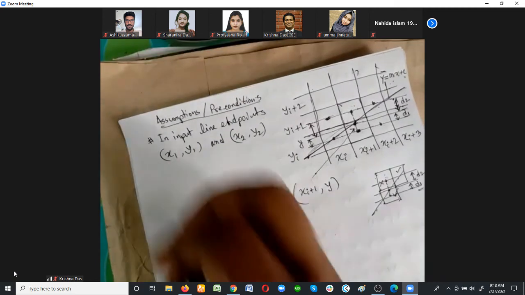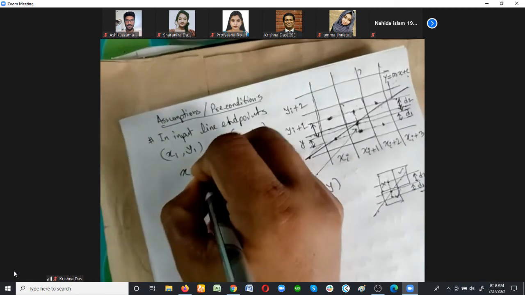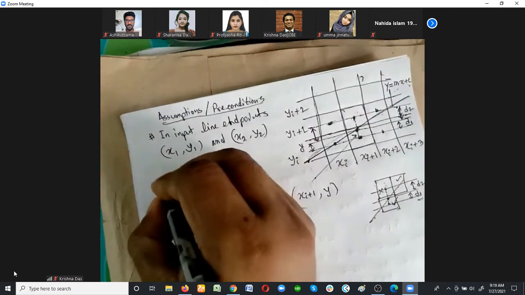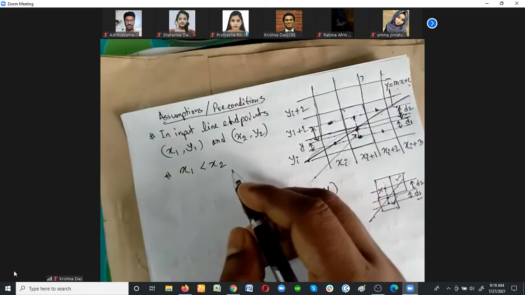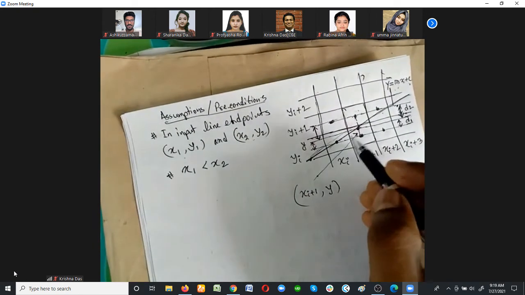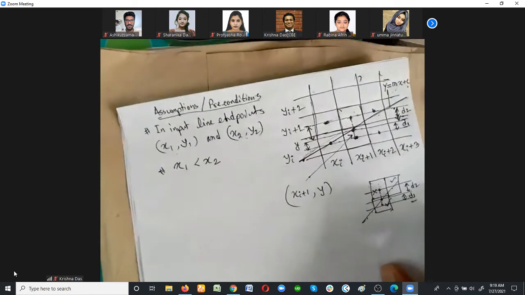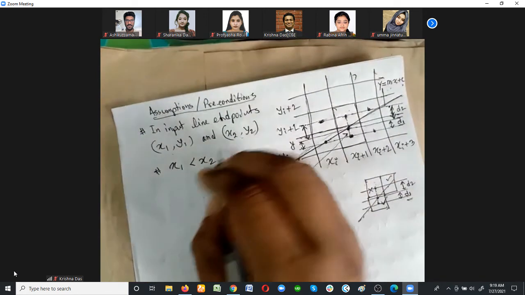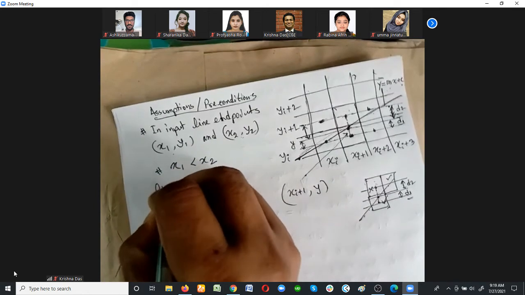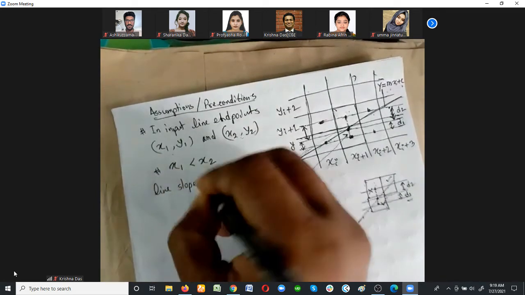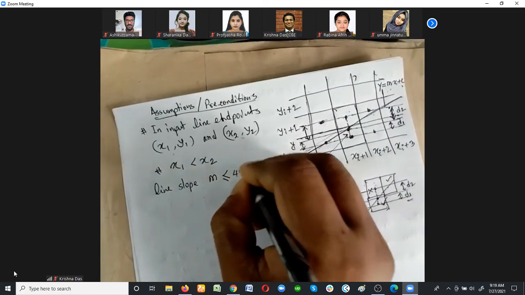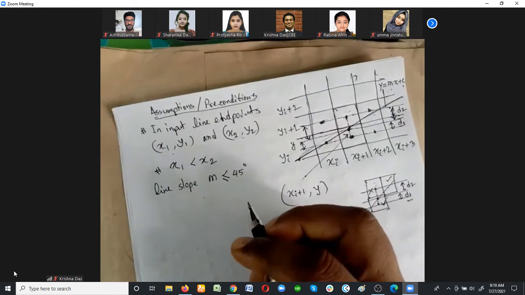Now one of the conditions is x1 must be less than x2. Same as what we have done. That means it is indicating that of my two endpoints, this one is very close to the origin, and this point may be a little bit far away from the origin. And the line slope m should be less than or equal to 45 degrees, right?